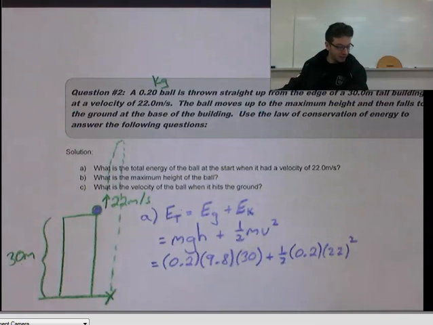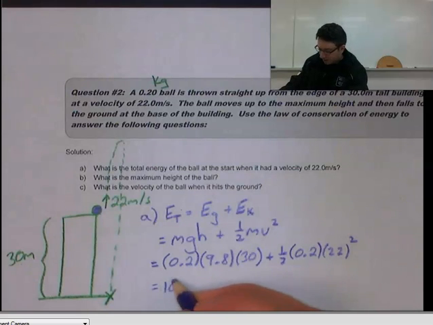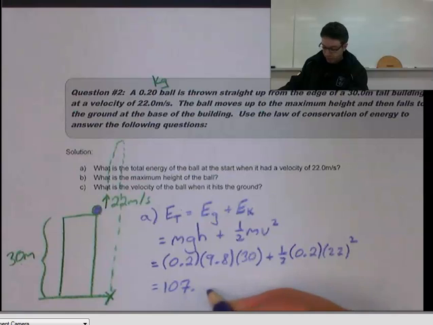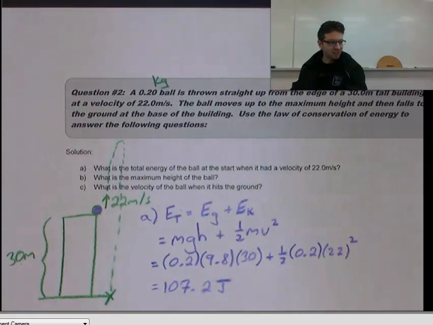When you plug all of that in, you'll get about 107.2 joules. I left a couple extra significant digits because we're not done.